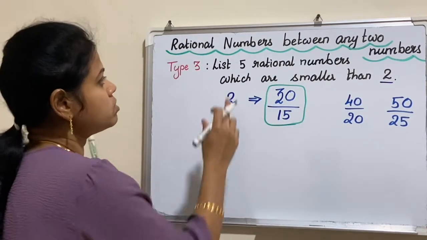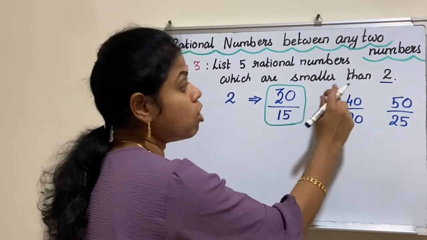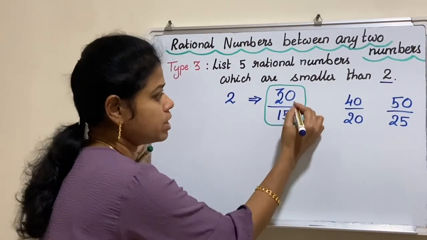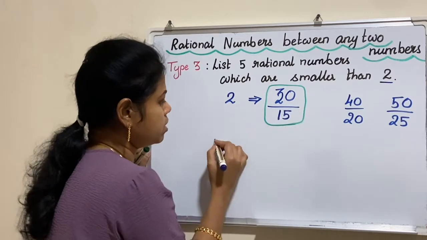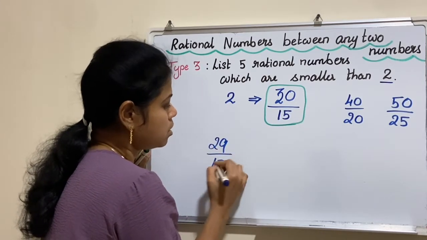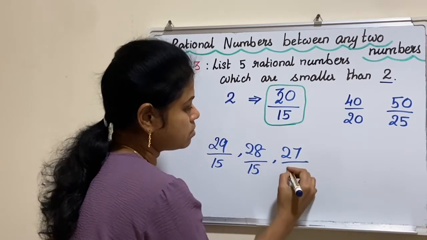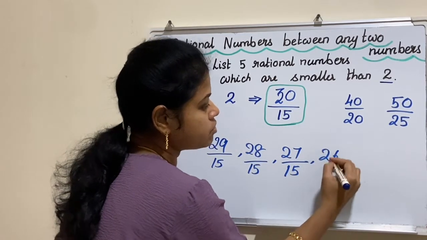So now we have to list out the 5 rational numbers which are smaller than this number 30 by 50. So which are the numbers smaller than this 30 upon 50? That is 29, 28, 27, 26, 25.